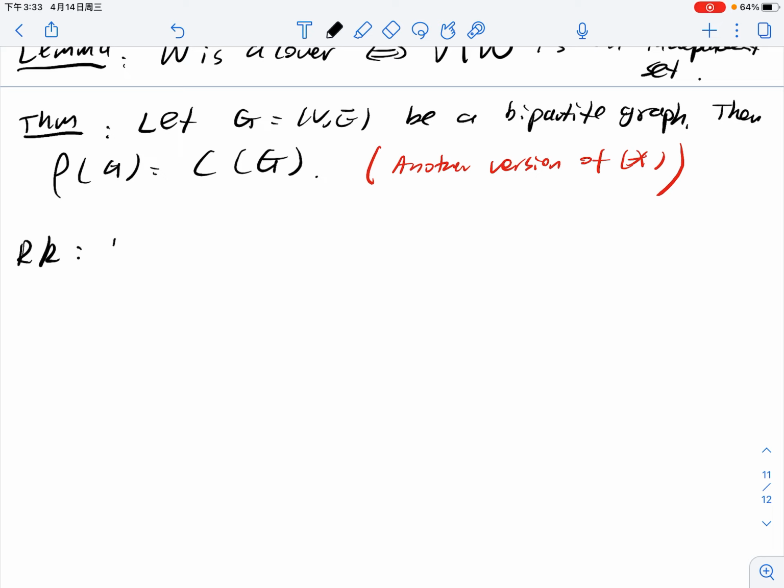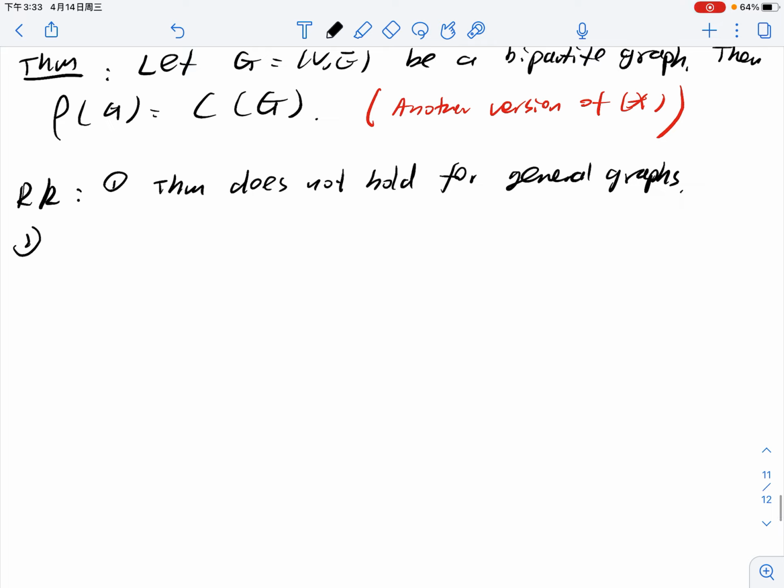And so we need to make several remarks. First is the theorem does not hold anymore for general graphs. So for general graphs, it's more difficult to test the matching numbers.